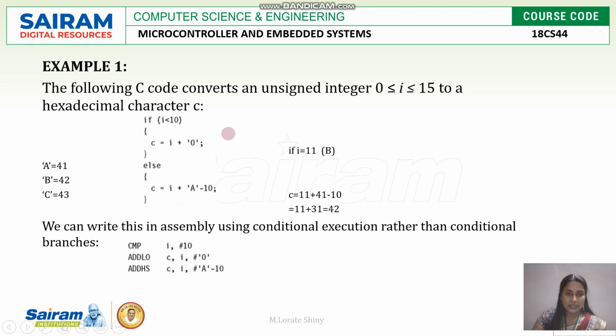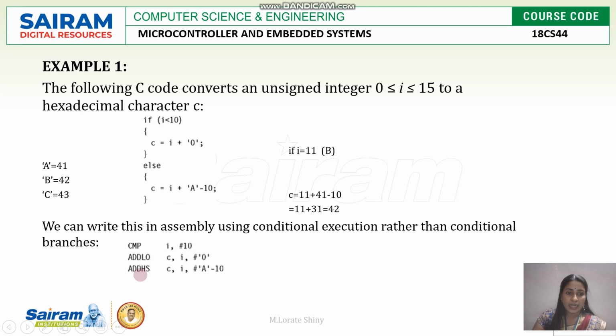Instead of writing this C code, we can write the same thing in assembly using conditional instructions. Only 3 instructions are needed here. CMP i, #10, where 10 is the immediate value with the hash symbol. Then if i is lower than 10, we write ADDLO c, i, #'0', adding '0' to i.